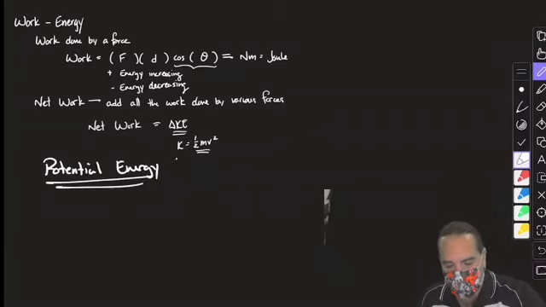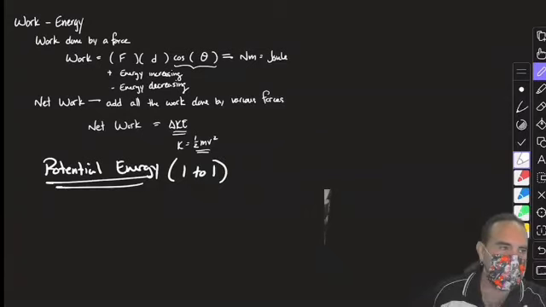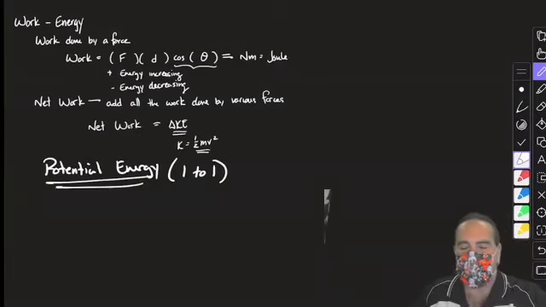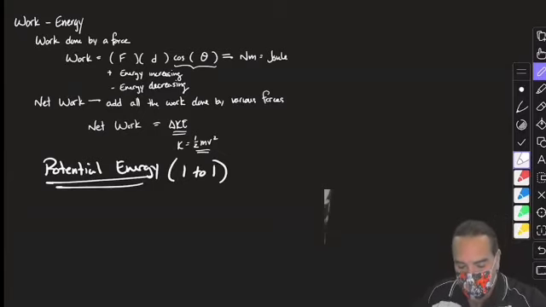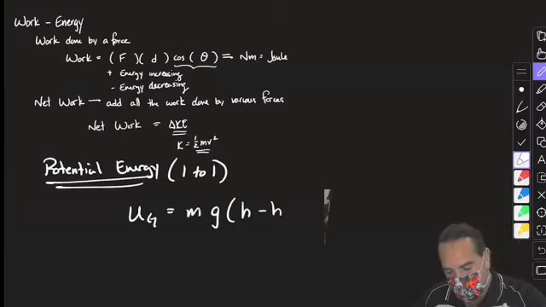When we talk about potential energy, though, we are talking about a one-to-one correspondence. When we do work against a conservative force, we get a one-to-one correspondence in energy storage, which means for every joule of work we do, we can get that joule back. It's 100% efficient or 100% transfer. For us, we're talking specifically about gravitational potential energy, which has 3 parts.